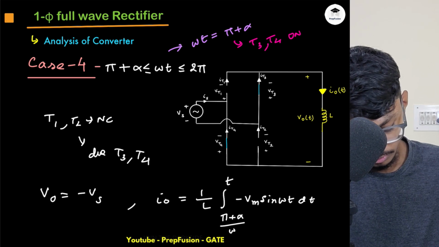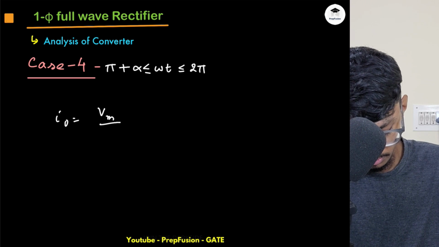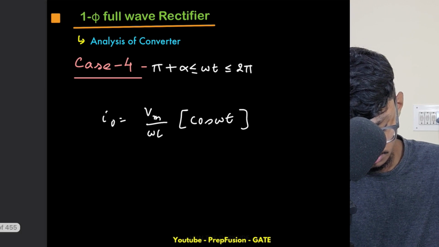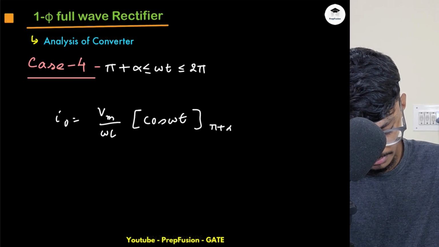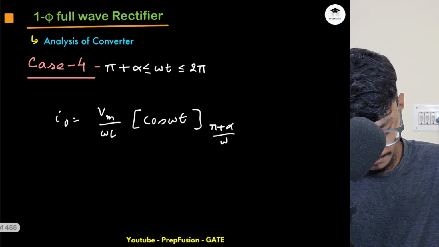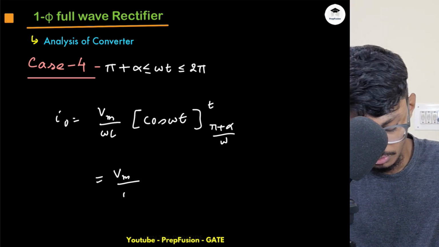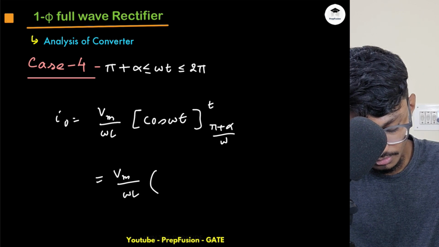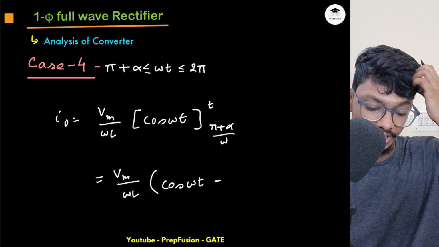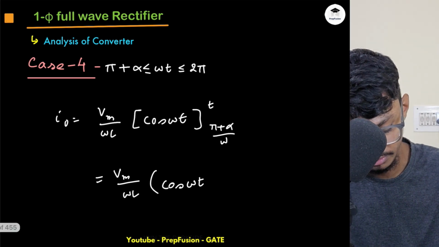So this will be IO equals Vm by omega L cos of omega t from pi plus alpha by omega to time t. So here this is Vm upon omega L cos of omega t minus pi plus alpha by omega. So again I am adding some value pi plus alpha. It will be minus of cos alpha. This will become plus of cos alpha.